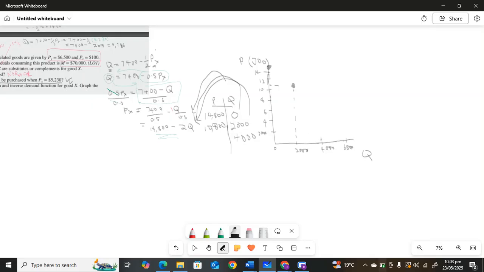So here on 4,000, 6,800 is somewhere here. And the process goes on, and you eventually get a downward sloping line like this, showing the law of demand basically.